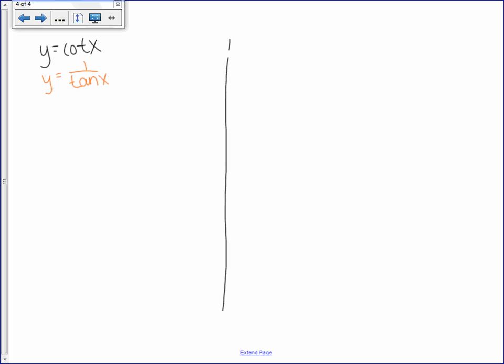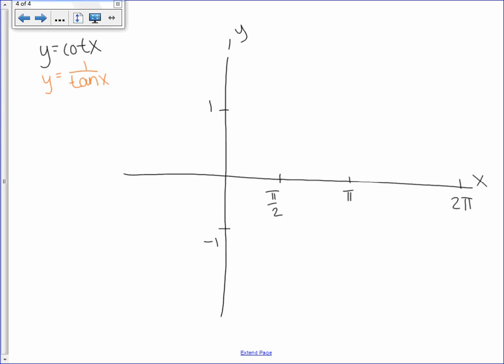And then last but certainly not least, we need to have cotangent. Alright, remember cotangent is the same thing as 1 over the tangent of x. So we can go ahead and graph that. Again, I'll only go out to negative pi, but we could go further.